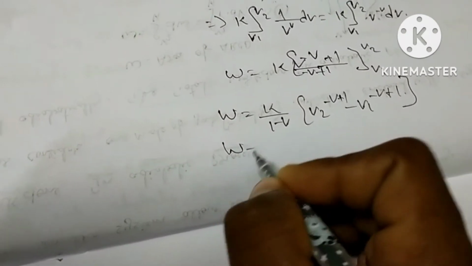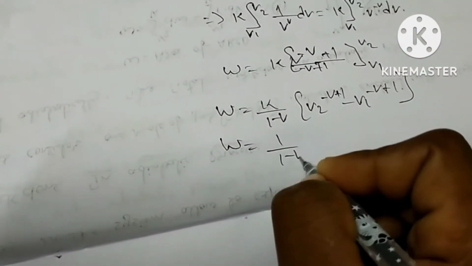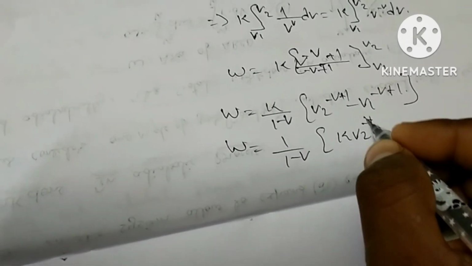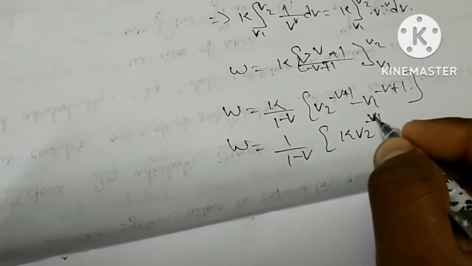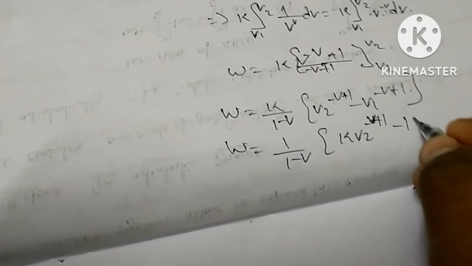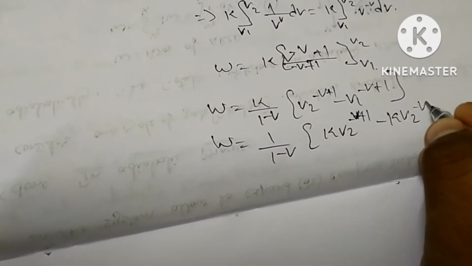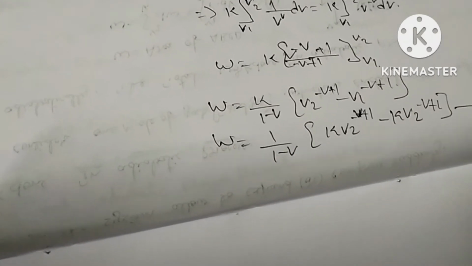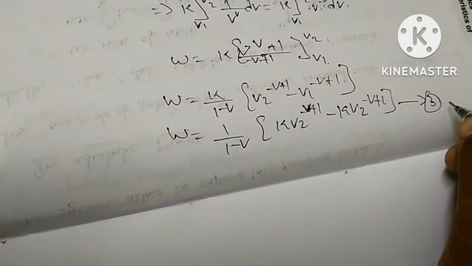Now W equals 1 by 1 minus γ into K V2^(1-γ) minus K V1^(1-γ). Let it be third equation.